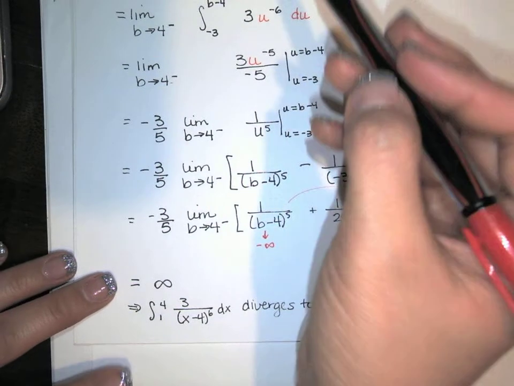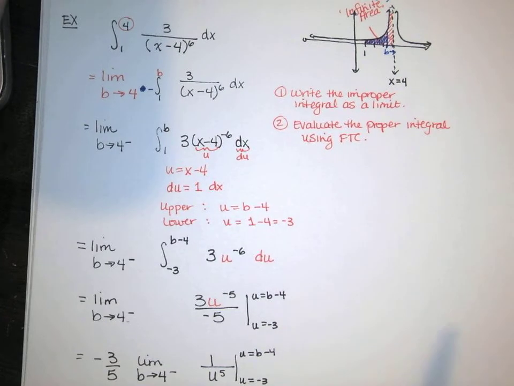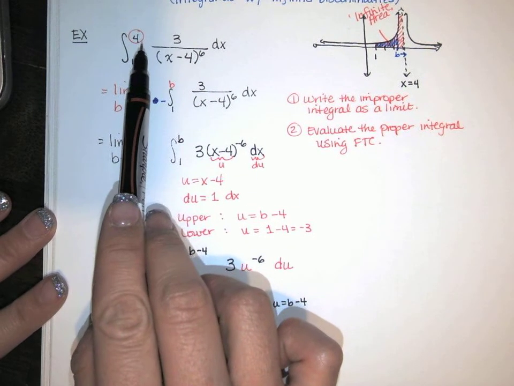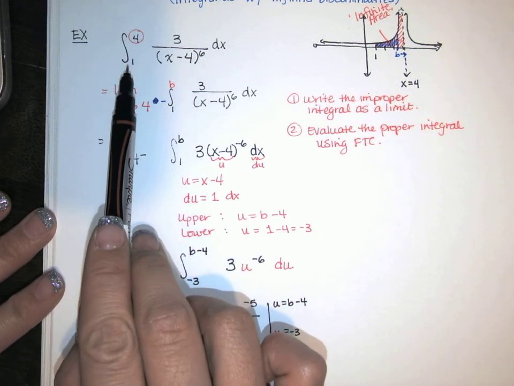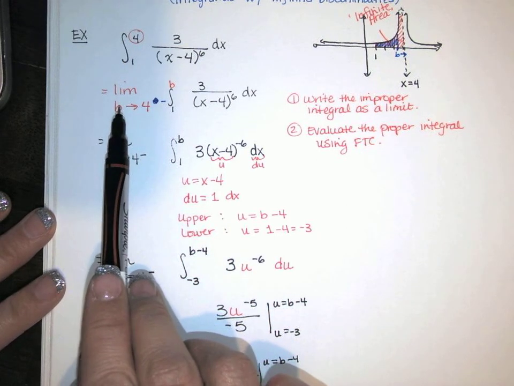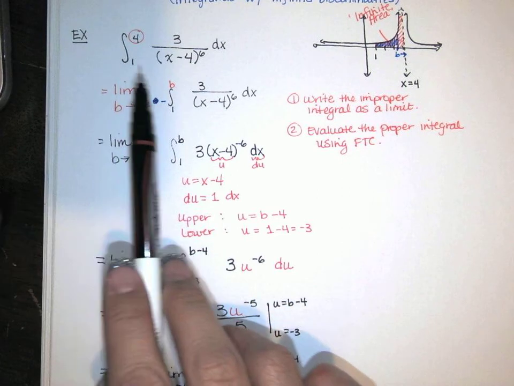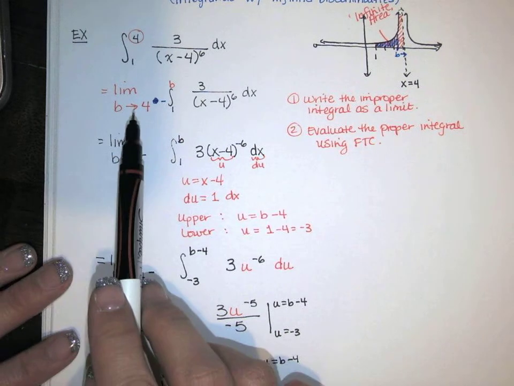So 3 steps to evaluating an improper integral. We're still doing the same 3 steps as before. We write it as a limit, and we do that by identifying the problem x value on that interval and letting a or b approach that problem x value if it's either the lower limit or the upper limit, or we write it as 2 integrals and then do that for both of them.